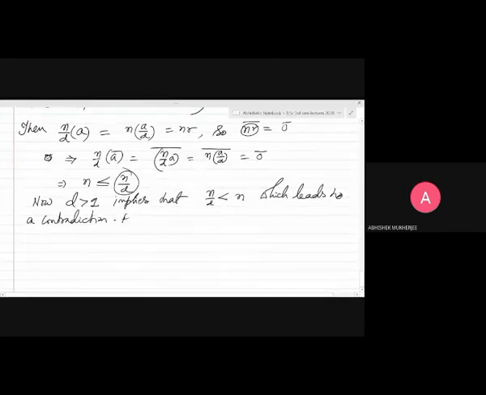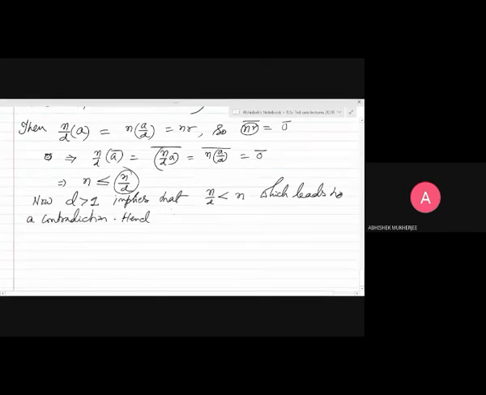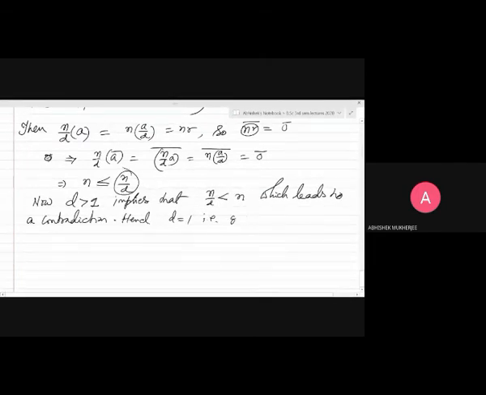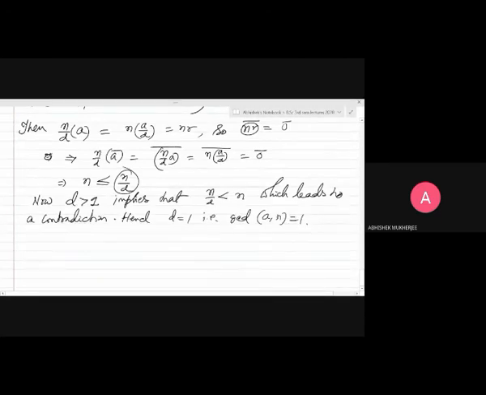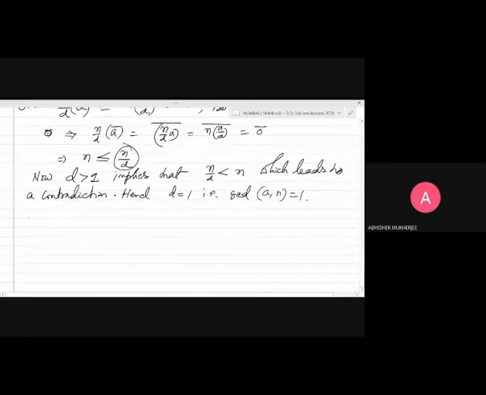And hence d must be 1, that is, GCD of a comma n must be 1. Fine.